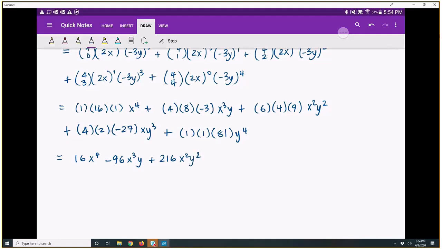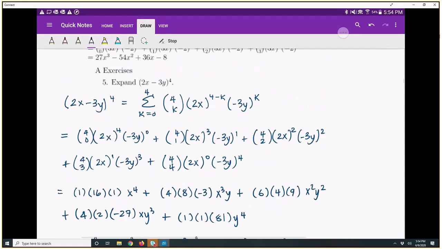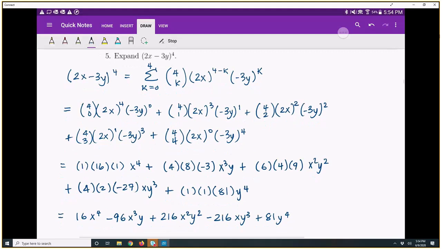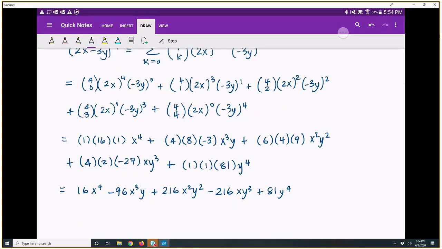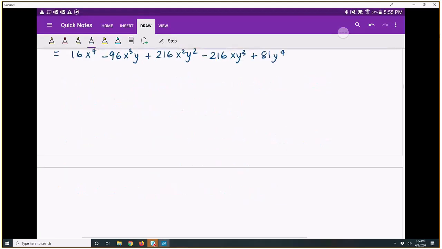Negative 27 times 2 times 4 is also 216, but it's negative, so minus 216 xy cubed and 81 y to the fourth. So this will be the expansion of (2x - 3y) to the power 4. And that was actually much quicker than if I tried to write them all out and do the distribution. I'd end up with so many terms and I'd have to combine like terms. So this is quick and easy.